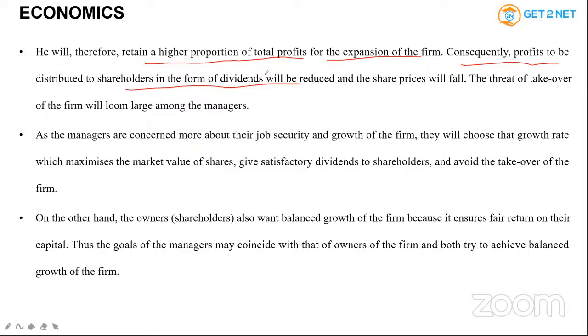Okay, so next what will happen, the threat of takeover of the firm will loom large among the managers. तो बहुत से ऐसे कंडीशन होते हैं कि अगर हम ये सारा चीज नहीं करते हैं तो what will happen, हम डिविडेंड के हिसाब से ज्यादा प्रॉफिट दे देंगे, तो कंपनी ग्रो नहीं करेगा, कंपनी अगर ग्रो नहीं करेगा तो शेयर प्राइस तो डाउन होगा, and when share prices start getting down, what will happen, other companies will come and take over it.